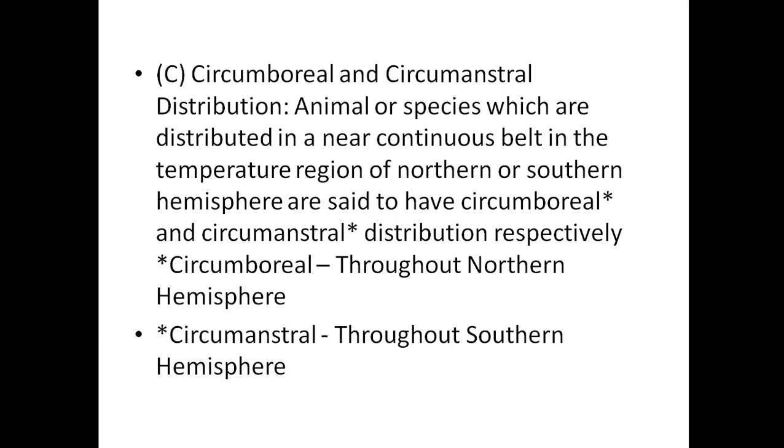If at all they exhibit this type of pattern, we call it circumboreal in the northern hemisphere. If the same is true for the southern hemisphere, we call it circumaustral. Circumaustral in the southern hemisphere, circumboreal in the northern hemisphere.